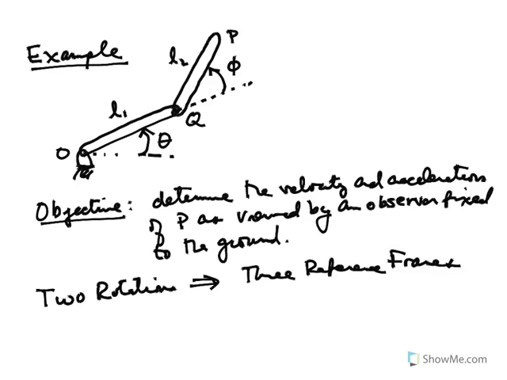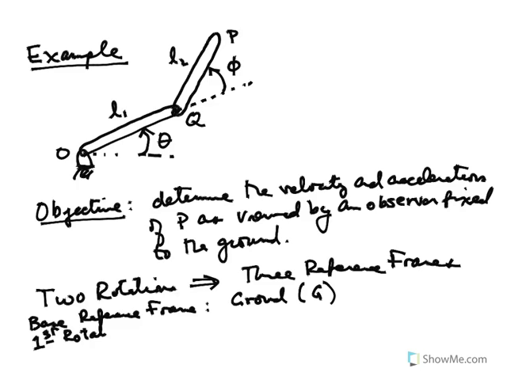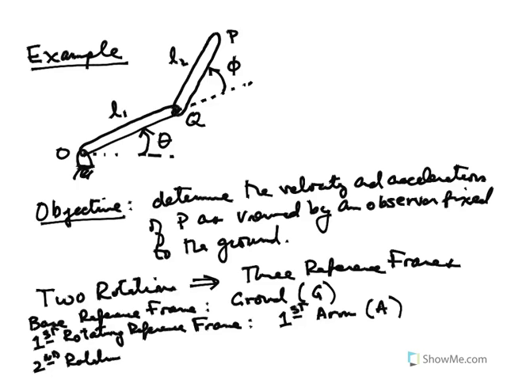These reference frames are as follows: the base reference frame is the ground, which I'll denote G. The first rotating frame is the first arm, which we'll denote as A, and the second rotating frame, which also happens to be a translating frame because point Q translates relative to the ground, is the second arm, and we'll denote that as B.